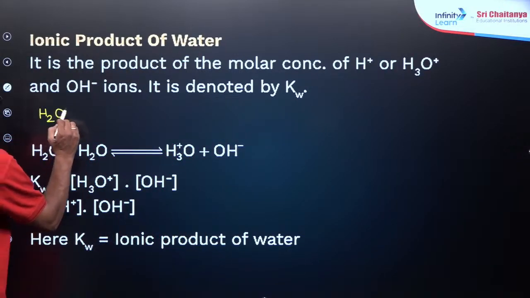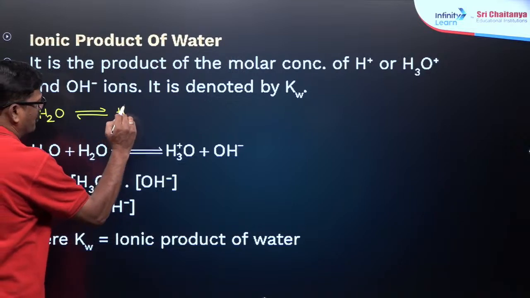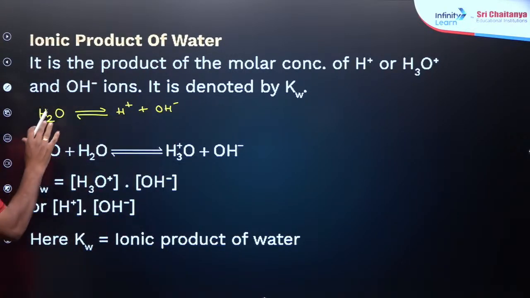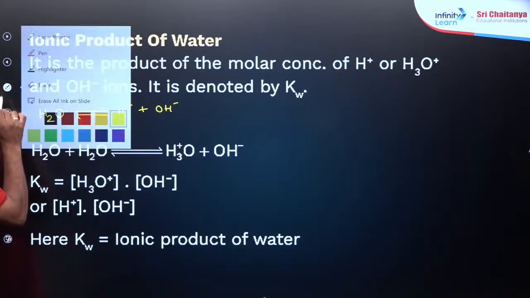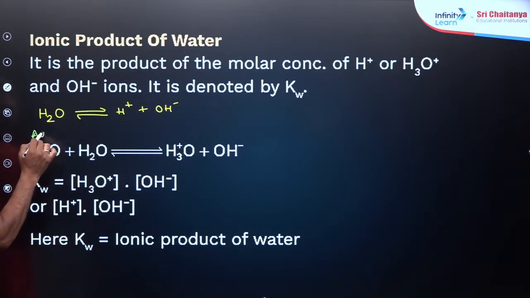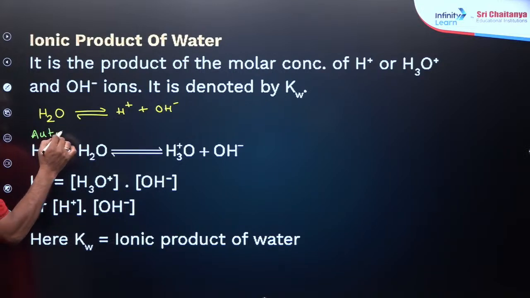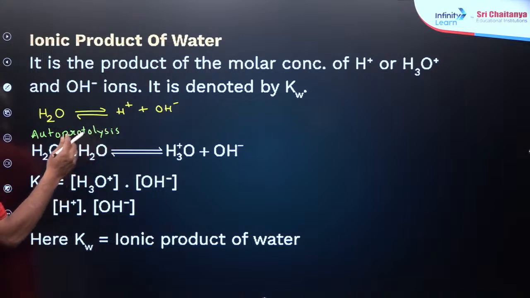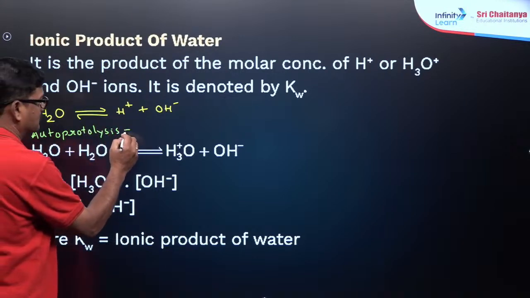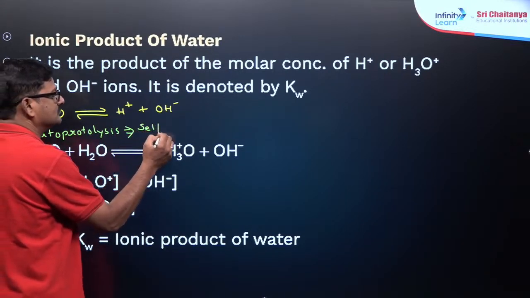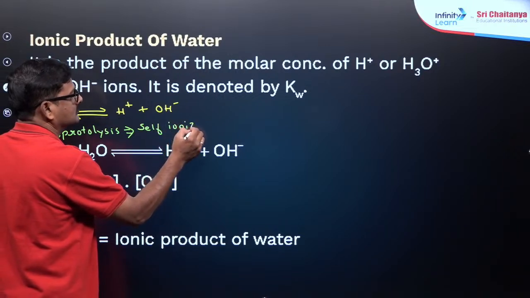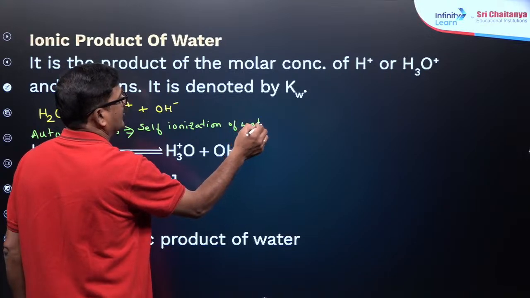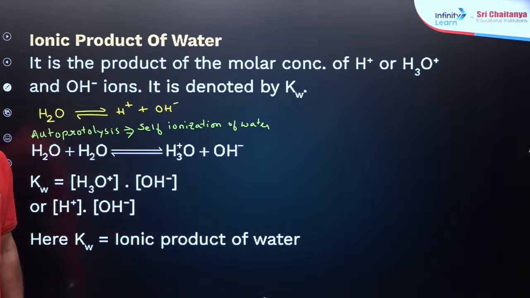You can write H2O as H plus and OH minus. So this process is called autoprotolysis, the self-ionization of water.